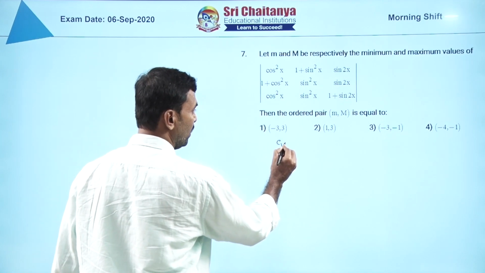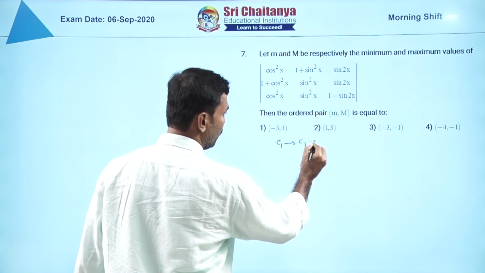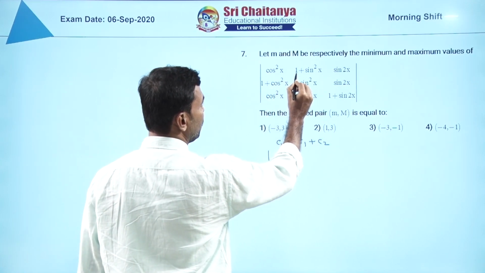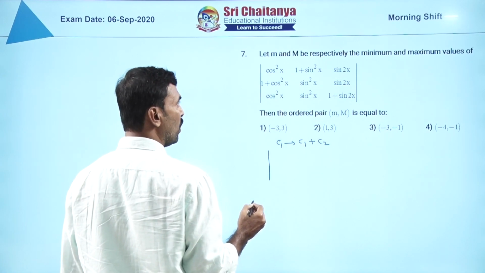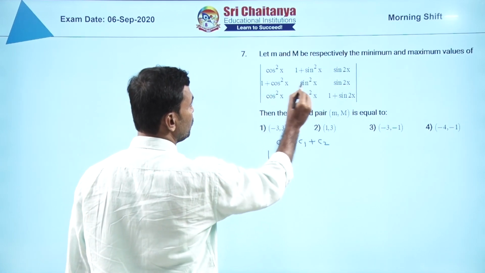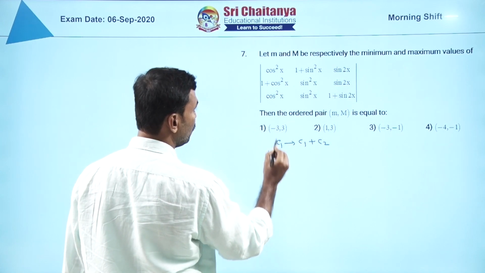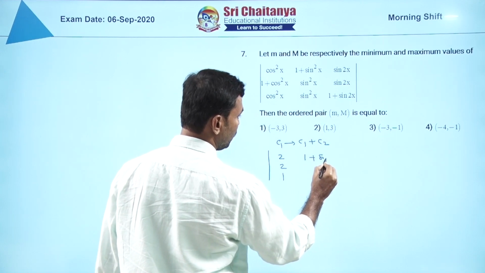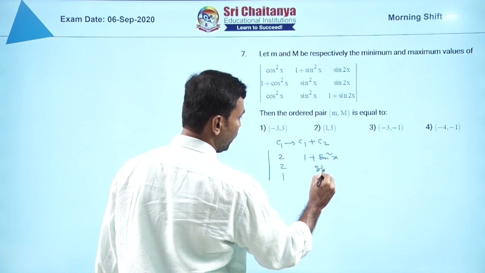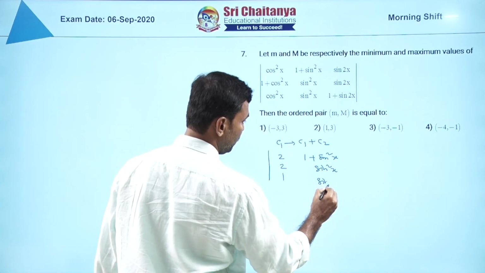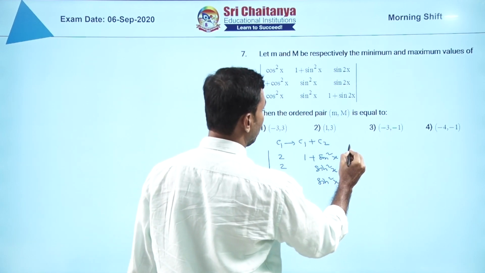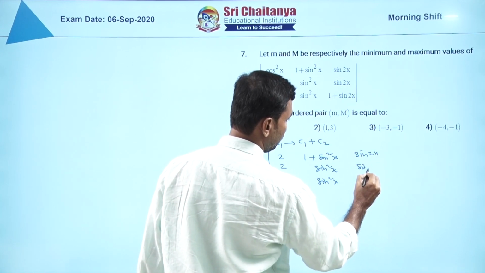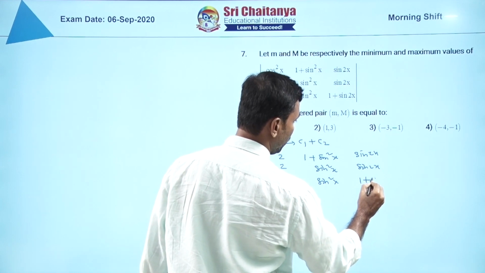So, C1 as C1 plus C2, then you will get cos square x plus sin square x is 1, 1 plus 1 is 2, this plus this will give you again 2, this plus this 1, and second column as it is 1 plus sine square x, sine square x, sine square x, and third column as it is sine 2x, sine 2x, 1 plus sine 2x.